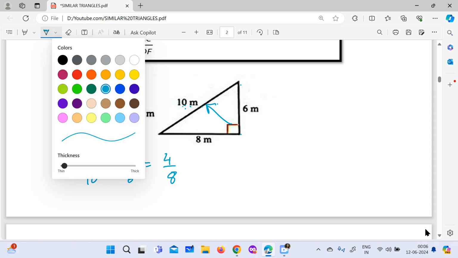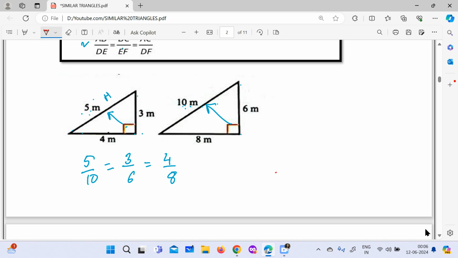Now let's see, this is 1 over 2, 1 over 2, 1 over 2. So very clearly we can see that these triangles are similar triangles because their corresponding sides are in the same proportion. Let's see a few more.